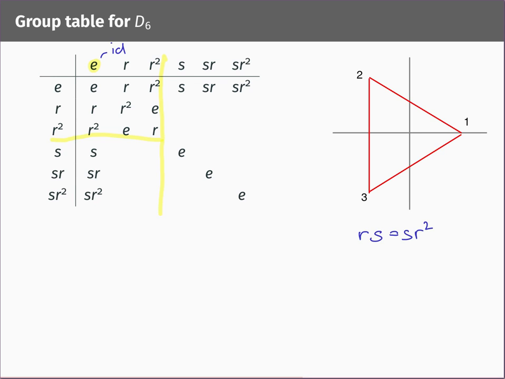Because if you do S times R, that's one of the things we put in there. So we can put SR here. That's just because the thing in row S and column R is by definition S times R. And then of course here we have SR squared. So that one's easy too.